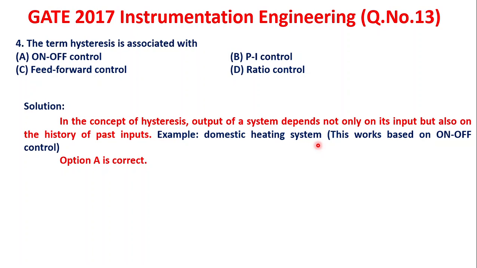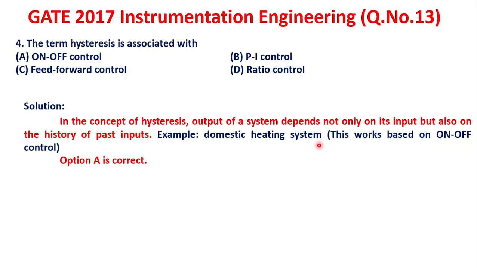Therefore it will work on the present temperature as well as the previous state. So it will not simply check the desired output. For example, 15 degrees centigrade is the desired output, but it is not only based on the 15 degrees centigrade. Now I am getting 20. I don't want to get 20. I have to further reduce.